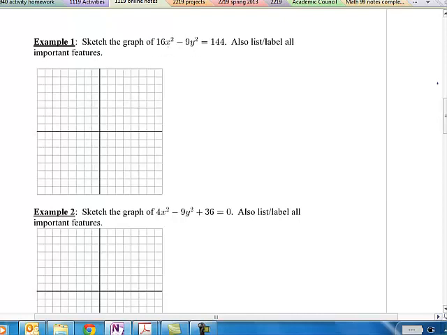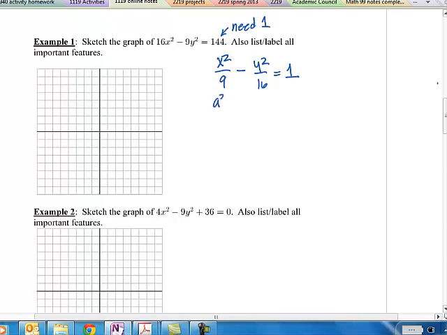We can see because one coefficient is positive and one is negative, this will be a hyperbola. We need a 1 where this 144 is. So if we divide everything by 144, we'll have x squared over 9 minus y squared over 16 equals 1. a squared is always the denominator on the term that's positive here.